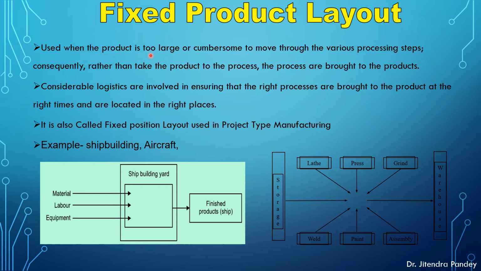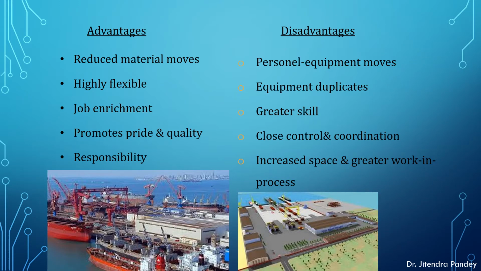It is used when product is too large or cumbersome like shipbuilding. Considerable logistics are involved in ensuring that the right processes are brought to the product at the right time and are located in the right place. It is also called fixed position layout or project type manufacturing. Examples are shipbuilding and aircraft.